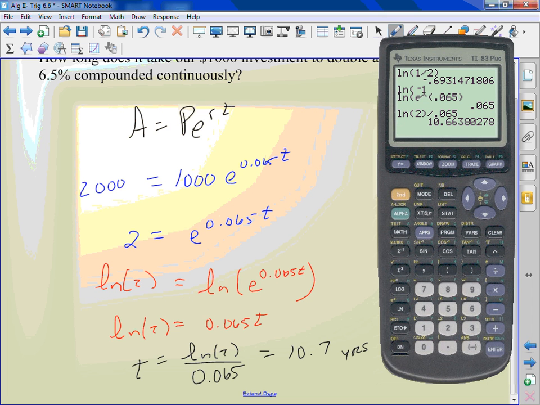It will take about 10.7 years for my money to double. It is a lot, but not bad. If you buy a savings bond, it takes around 15 years. Correct. Questions? And that's it for this section.